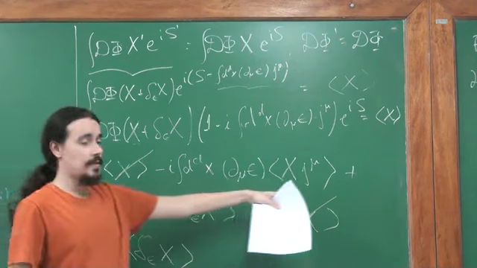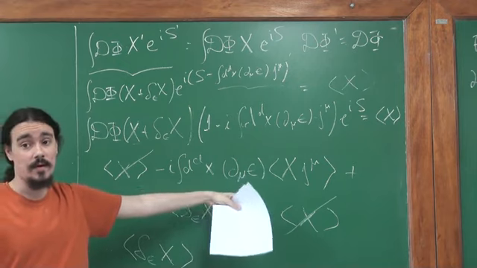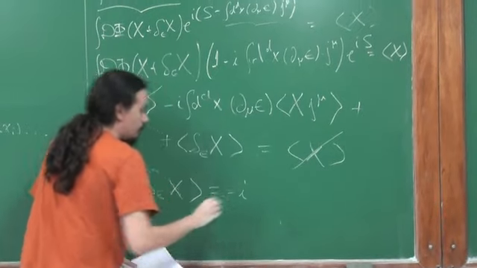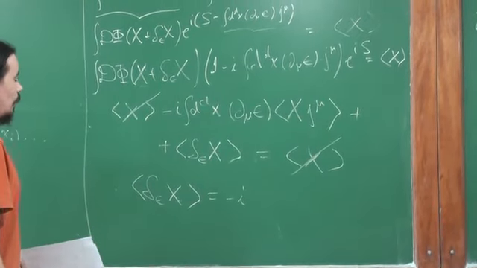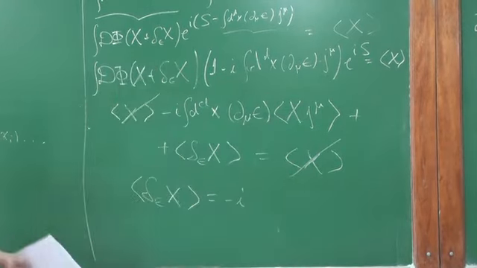I take this guy to the other side, so I get a plus, but then I integrate by parts to liberate the parameter here, so I get a minus sign. And so the derivative will act on this correlator.